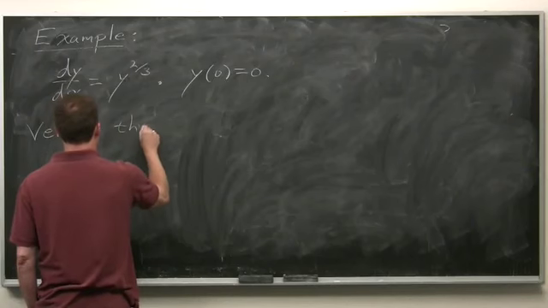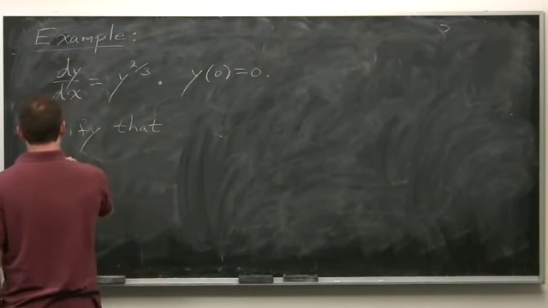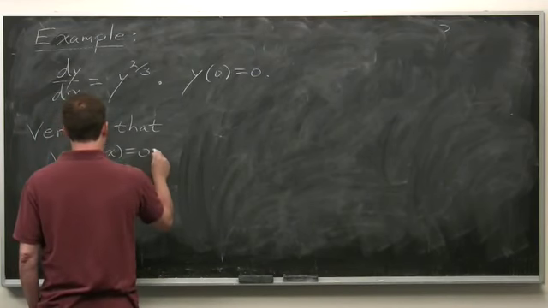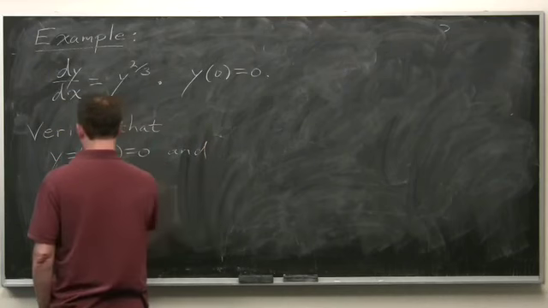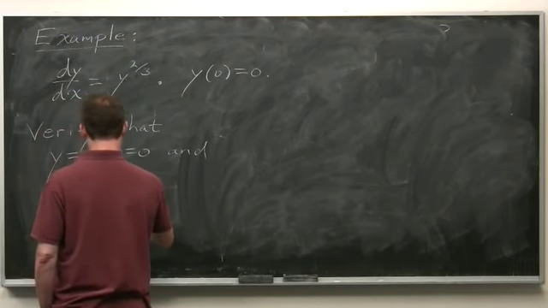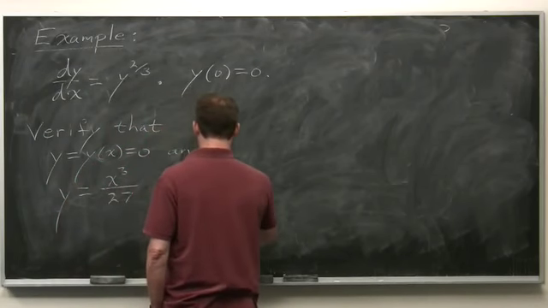Actually they're globally defined, they're defined everywhere. Verify that y of x equals 0 and y equals x cubed over 27 are solutions to this initial value problem.